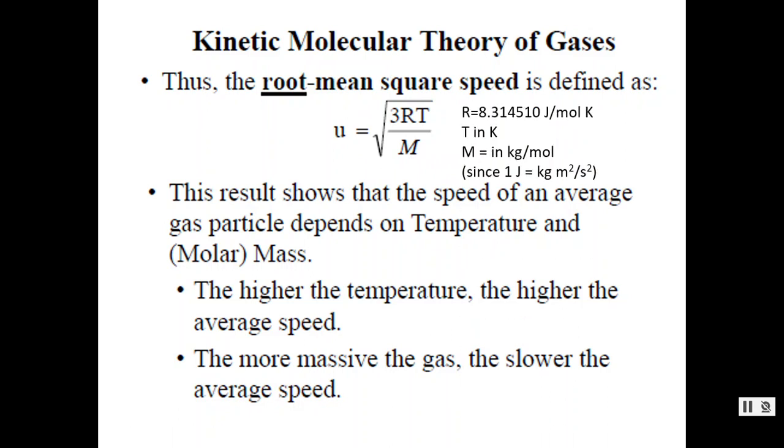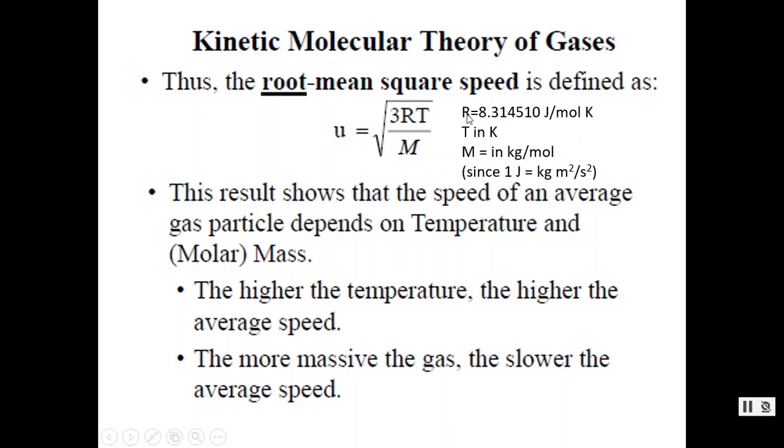We are now going to use R, which is still the gas constant, in terms of joules per mole Kelvin. Since R is in joules per mole Kelvin, obviously temperature has to be in Kelvin, and our molar mass, for our units to cancel appropriately, needs to be in not grams per mole, but kilograms per mole, because of how the units work for joules.